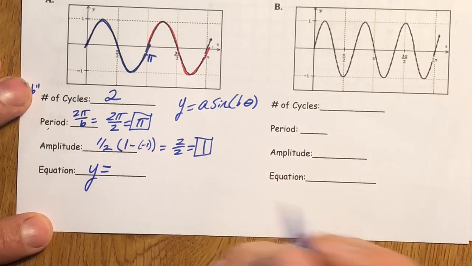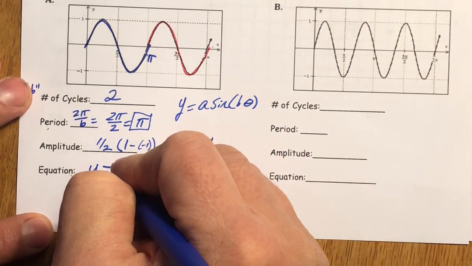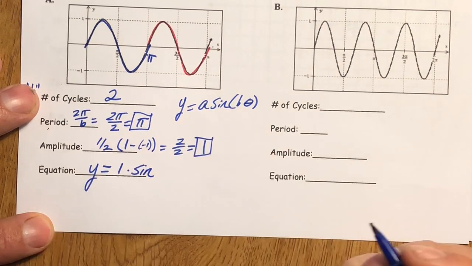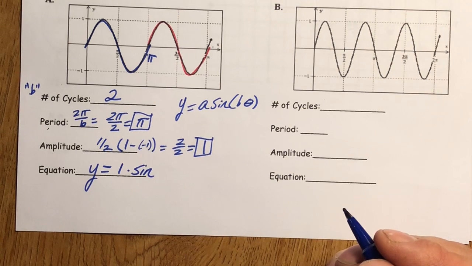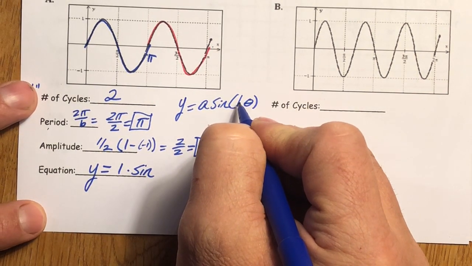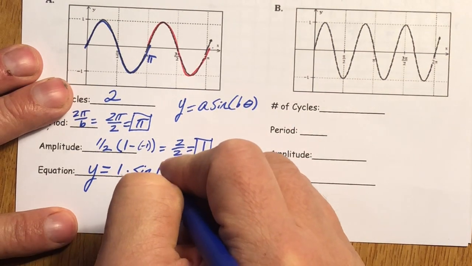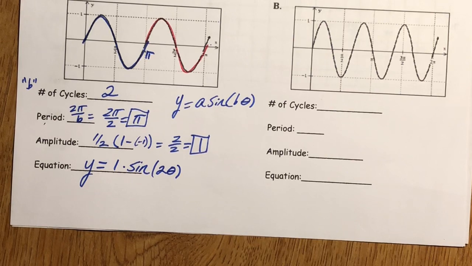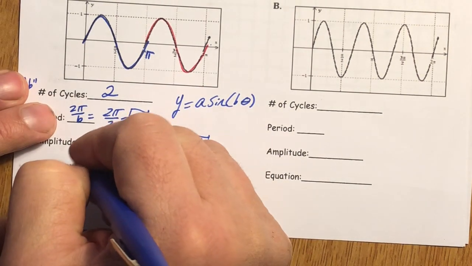What's my amplitude? My amplitude is 1. I don't have to put it, but I'll put 1 times sine. What's my B value? My B value, because I'm going to plug in right there, is 2. So parenthesis 2 theta. There's my equation.